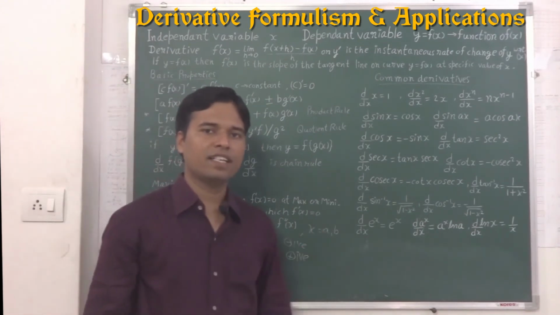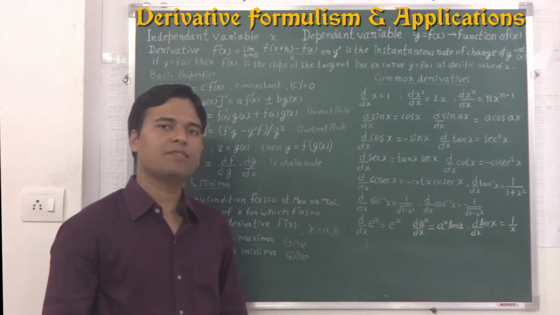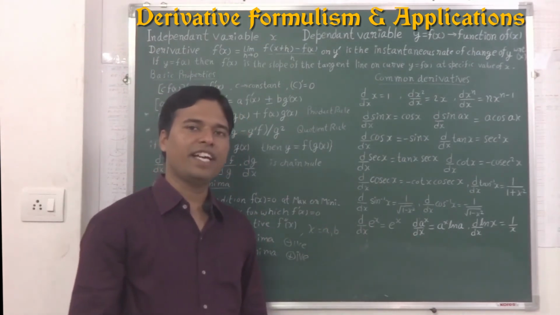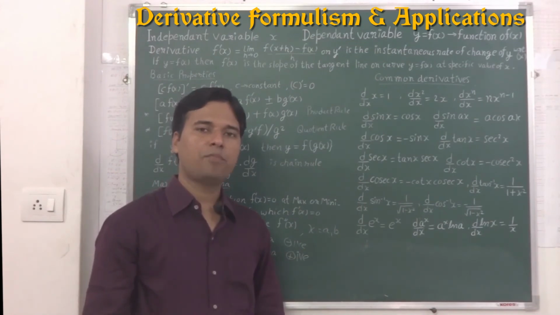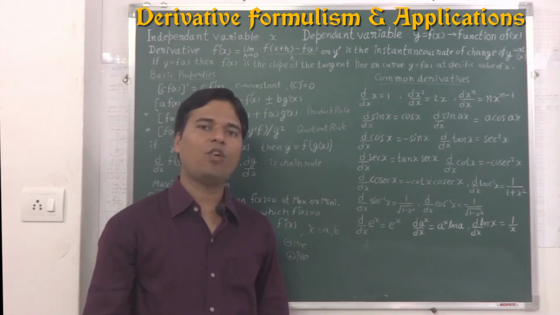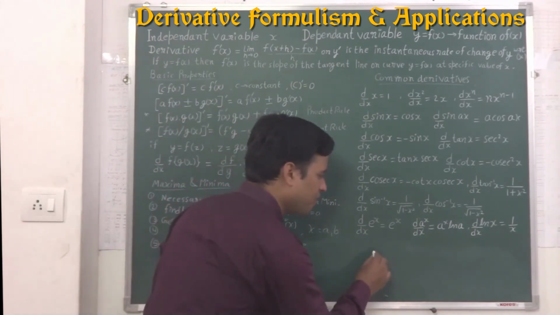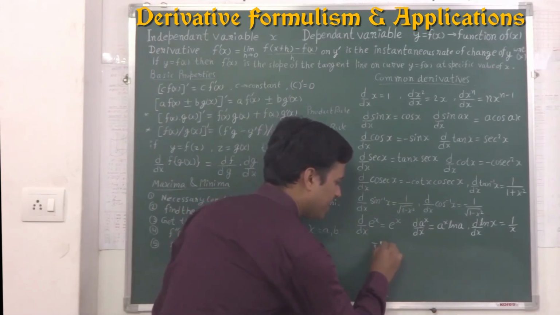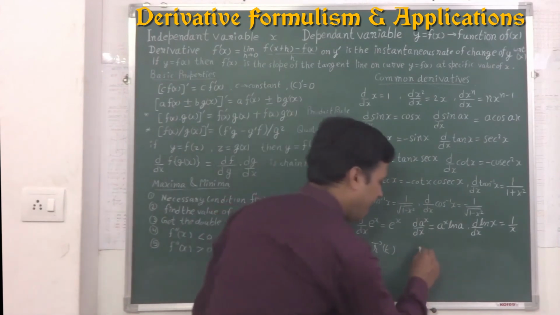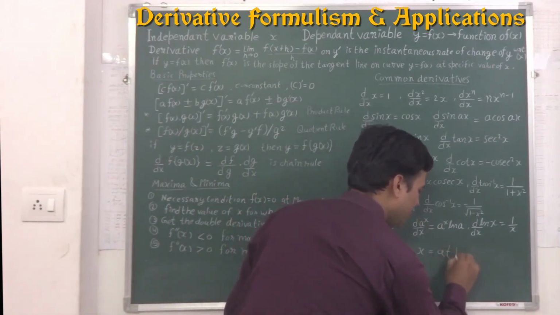In general, derivatives are used in physics, in mechanics. If a function defines the position of any particle or object with respect to time, the function will give you r vector as a function of time, or x as a function of time, like at plus u.